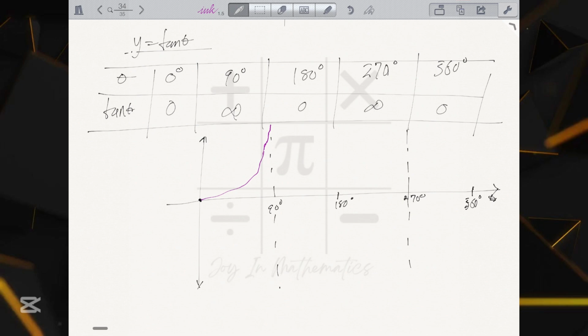Similarly for this, it starts here, not touching it, goes to 0 and follows this order, and it continues in that order. So when it gets here, it touches y equals 0, x equals 0, and goes. So this is the template of y equals tan theta.